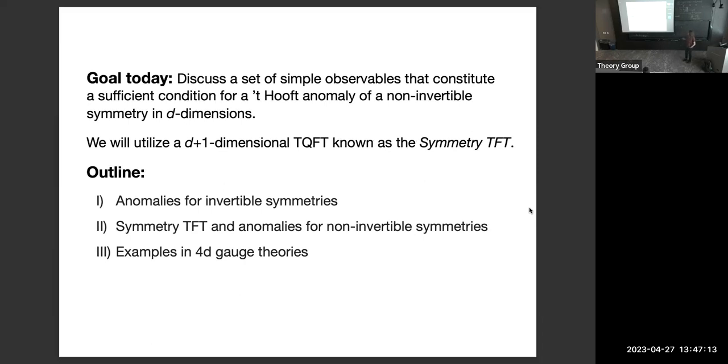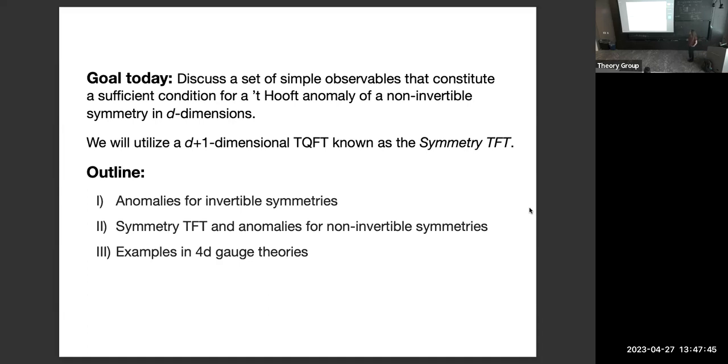And my goal today is really very modest. So today I'd like to discuss a set of simple observables that constitute a sufficient condition for the existence of a 't Hooft anomaly of a non-invertible symmetry in general D dimensions. So of course, 't Hooft anomalies, which I'll say more about in a moment, are a really important piece of data for constraining dynamics of quantum field theories.